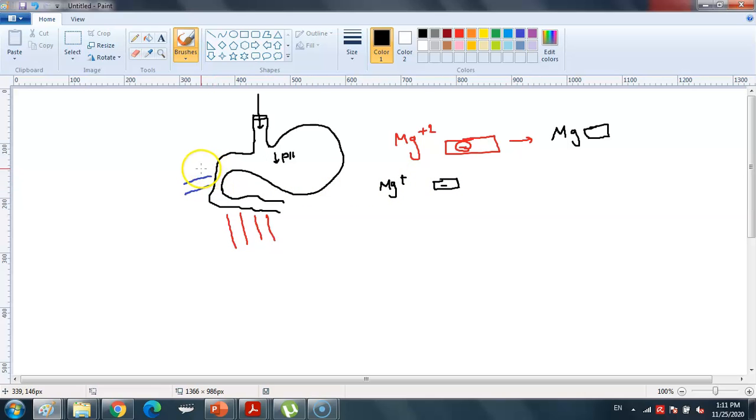In this section of the stomach, there are channels called ion channels, through which the magnesium will be absorbed into the circulation. The hassle that magnesium will face in the stomach to be absorbed is, first of all, the pH, which should be low in order for the magnesium to be ionized again.